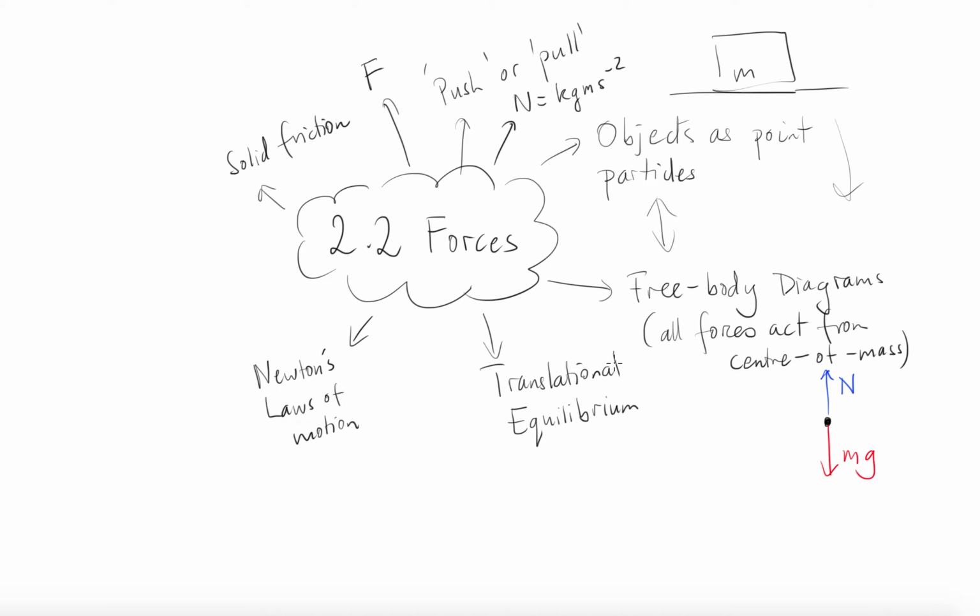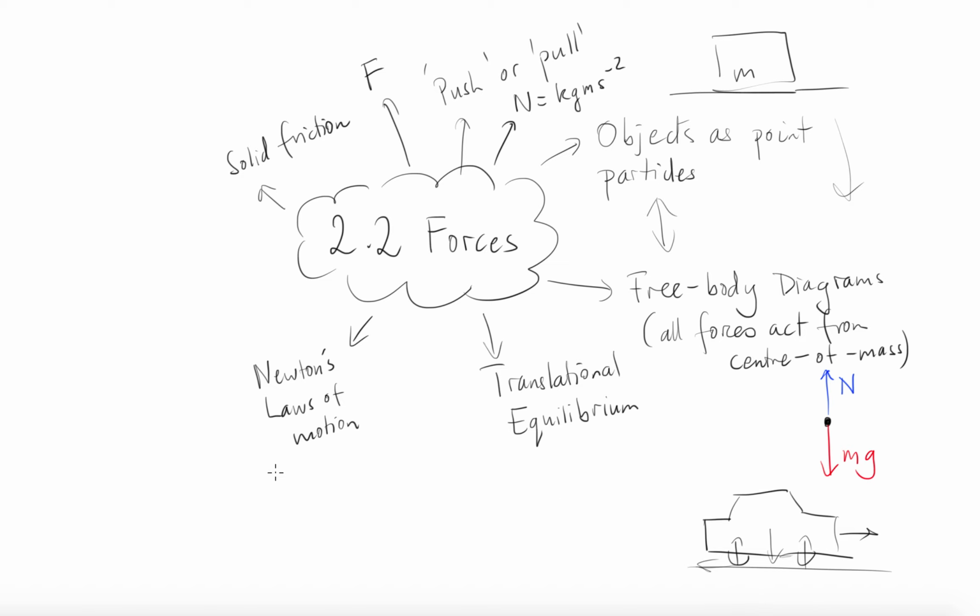Let's do another example, a car. It's acted on by four forces. We have a force of gravity downwards, a contact force upwards, a thrust force to the right, and a frictional force to the left.